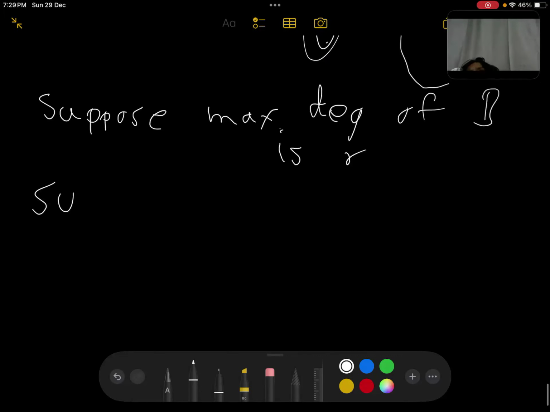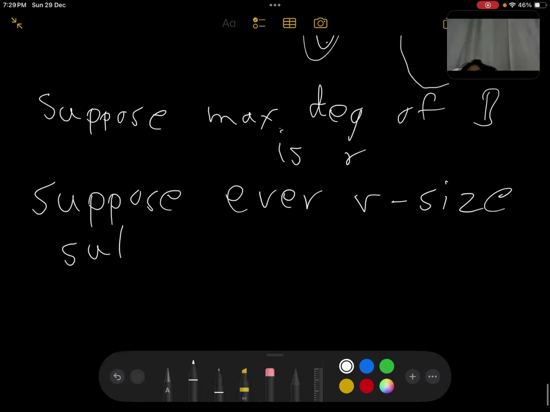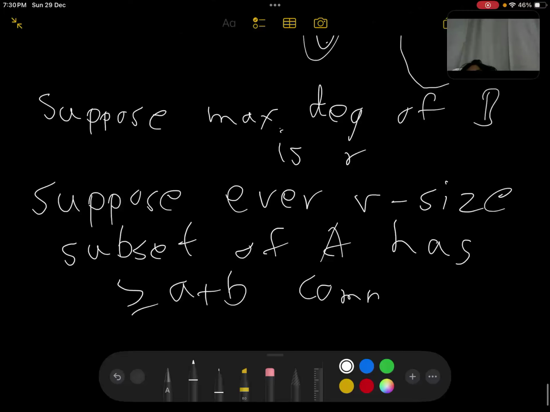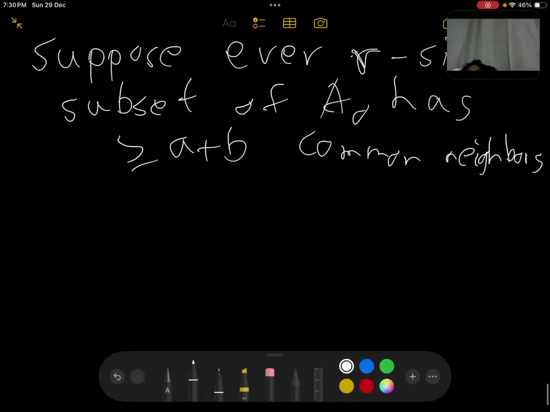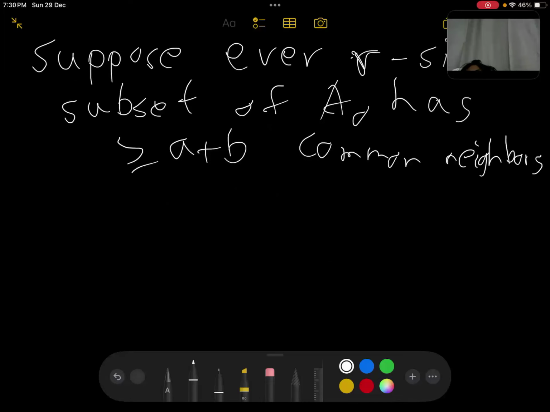And suppose every R size subset of A0 has at least A plus B common neighbors. What is this saying? It does not have one or two, it has many common neighbors. Then we claim that we can embed H.